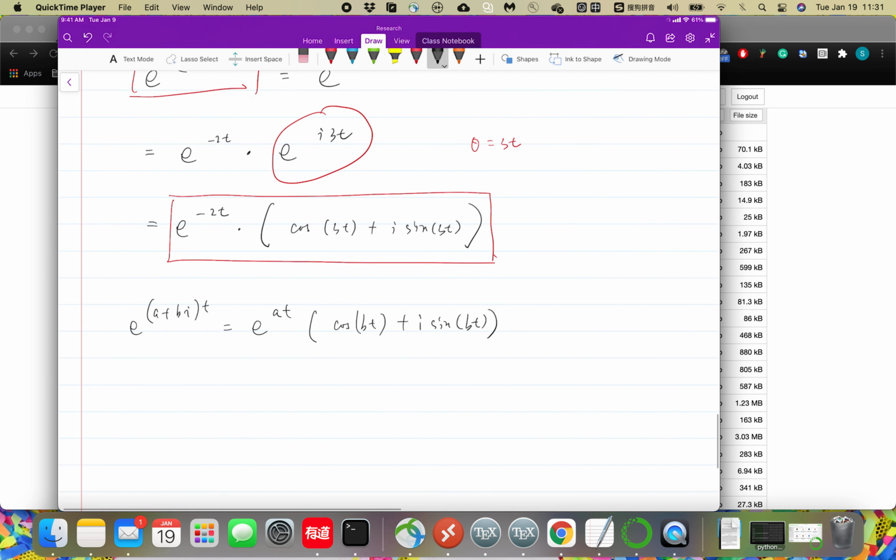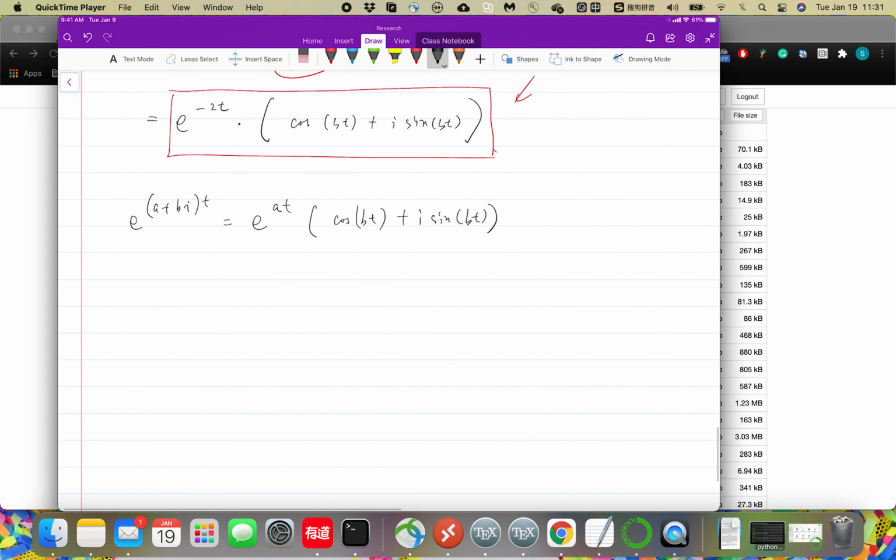That's how we interpret the exponential of e with a complex number as the exponent. So we are here. So first job done. Now question 2, how do we understand this times a complex eigenvector?